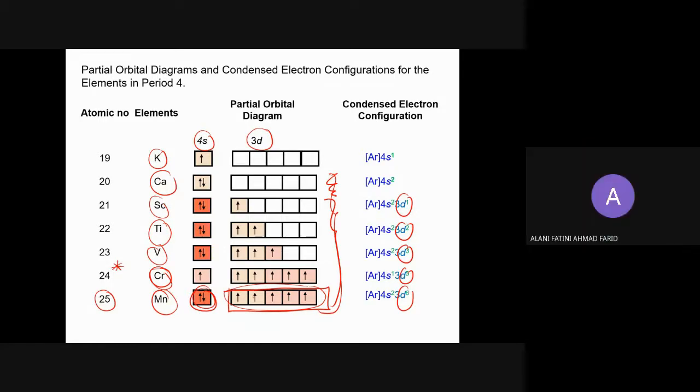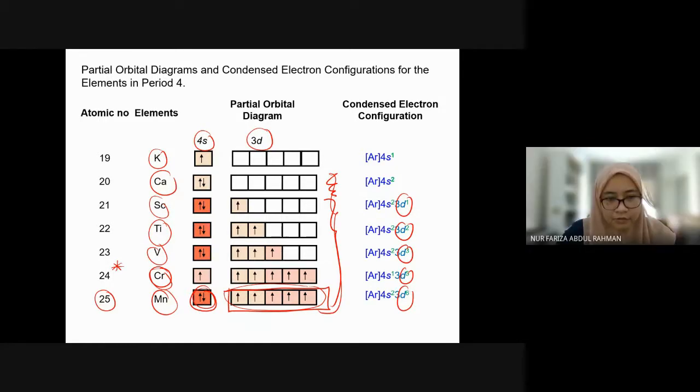Thank you, madam. This is 18, 19, 20, 1, 2, 3, 24, 25. Yes, correct. So 18, 19, 20, this is already too many, it becomes 26. So it should be 3d5. Okay? Thank you for highlighting this. For the rest, please make sure you correct or amend your notes. It should be 3d5.